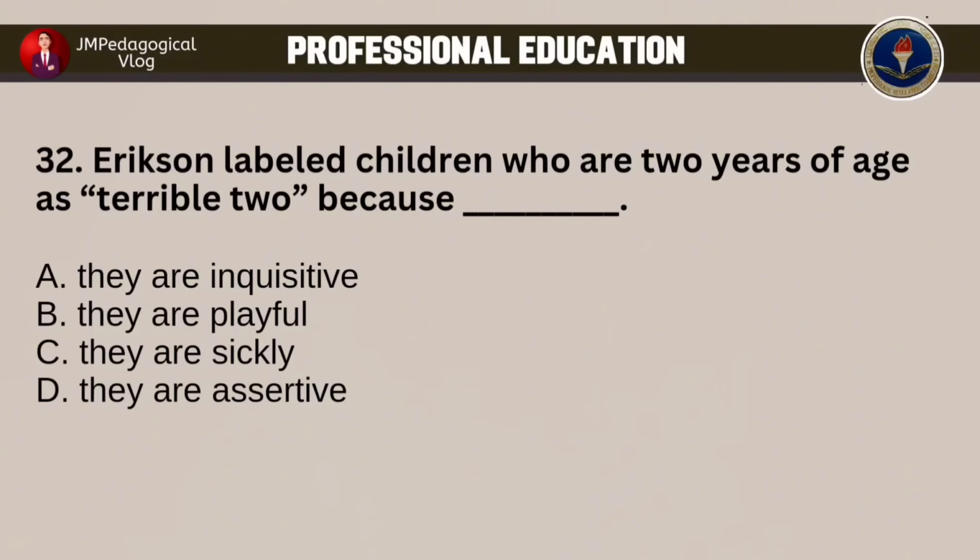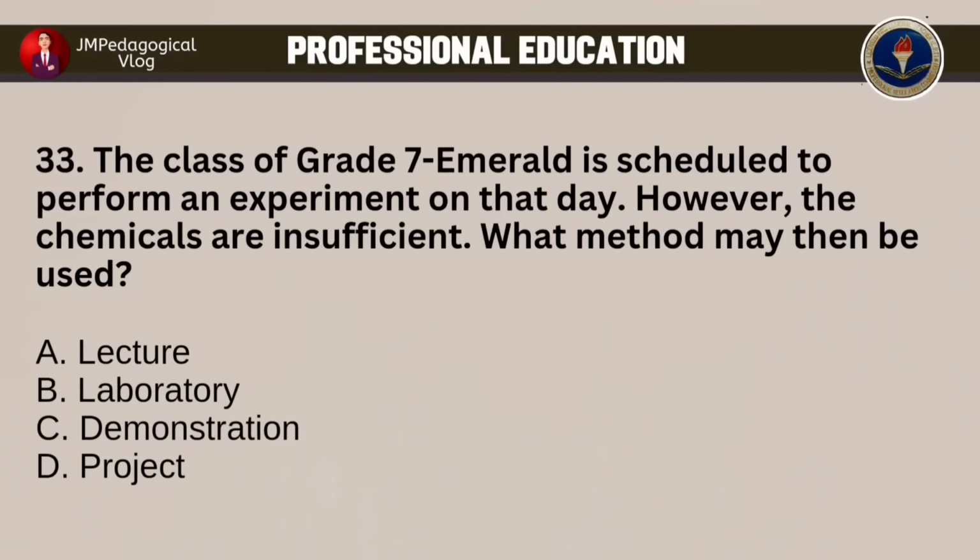32. Erikson labeled children who are 2 years of age as terrible twos, because A. They are inquisitive. B. They are playful. C. They are sickly. D. They are assertive. D. They are assertive. 33.